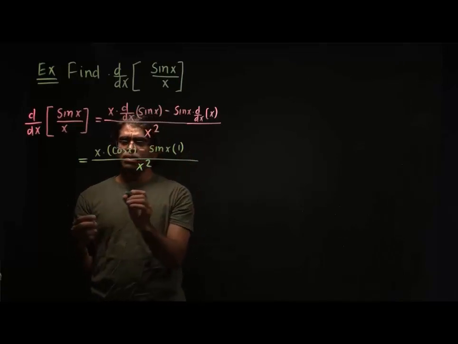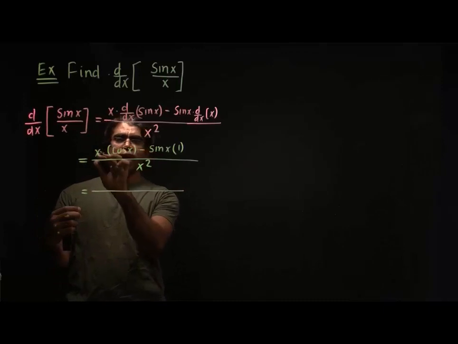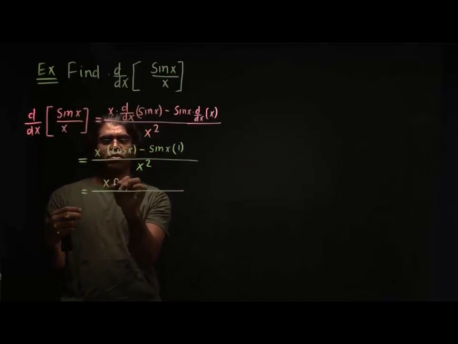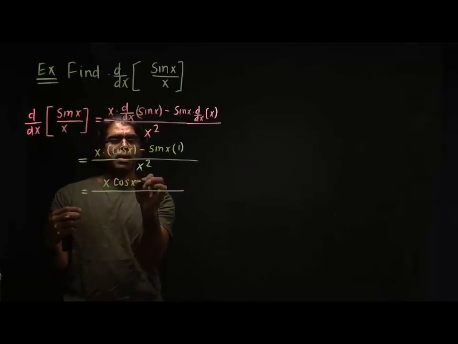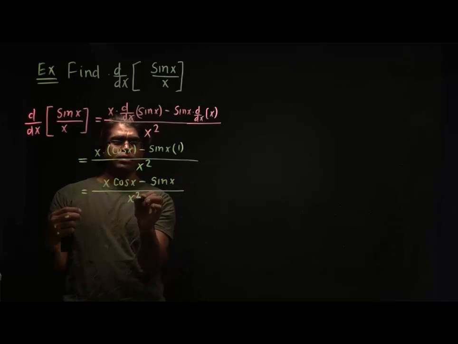Simplifying further, x times cosine x is x cosine x, minus sine x times 1 is sine x, over x squared.